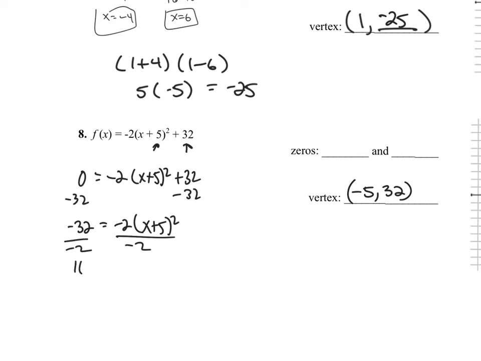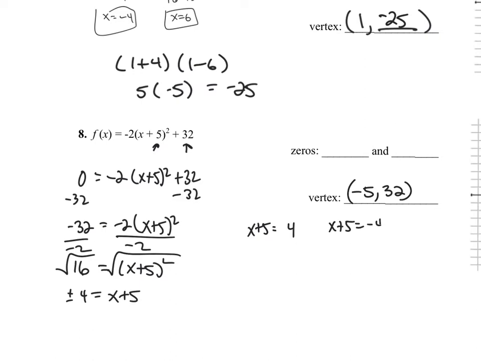And I get 16 equals x plus 5 squared. And then I'm going to square root both sides, and I get plus or minus 4 equals x plus 5. So what we do here is we do x plus 5 equals 4, and x plus 5 equals negative 4, and solve both of those.